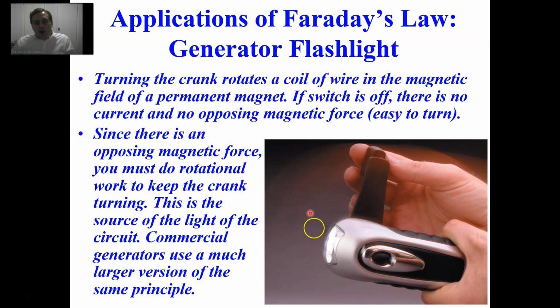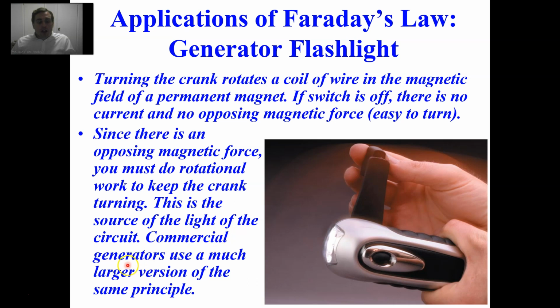But once you turn it on and you try to produce light on this flashlight, there is an opposing magnetic force. Remember, when you rotate this thing, there's going to be a force on the loop to resist the change. Again, you can't get energy for free, and when we consider Newton's third law, when we try to push this loop in a magnetic field, the loop kind of pushes back on us. So you must do rotational work to keep the crank turning. This is the source of the light in the circuit.